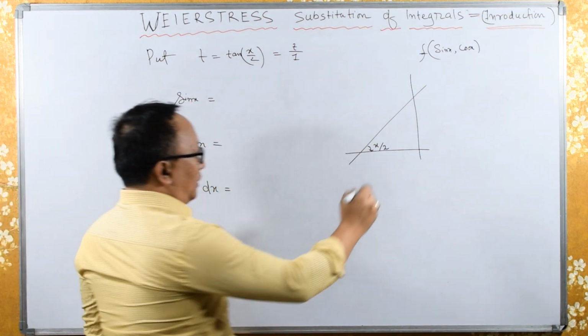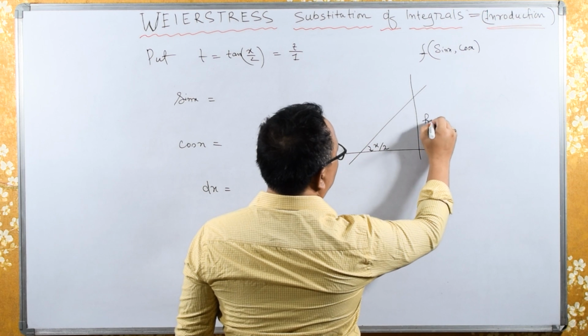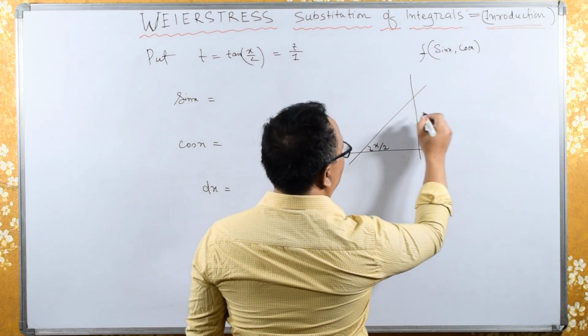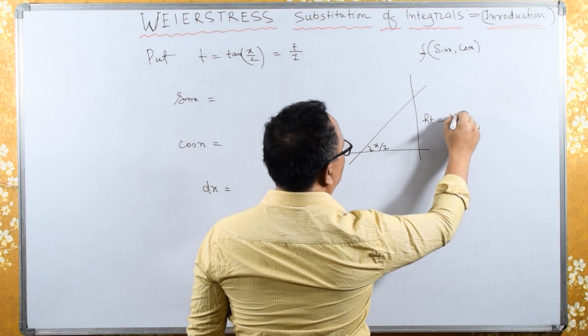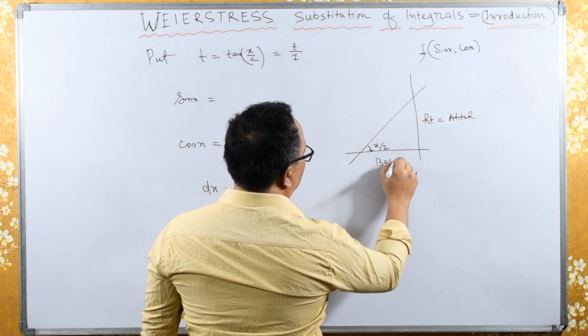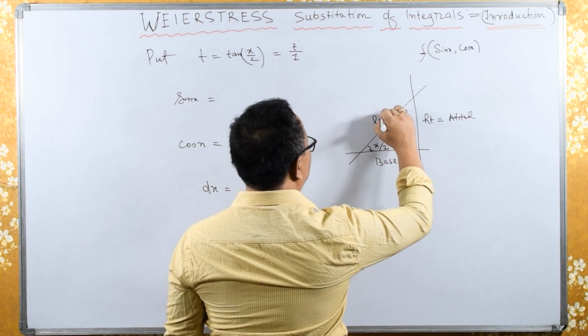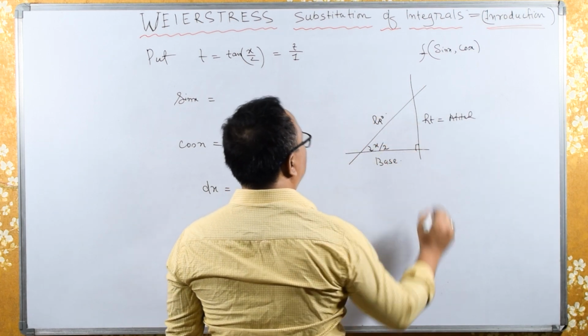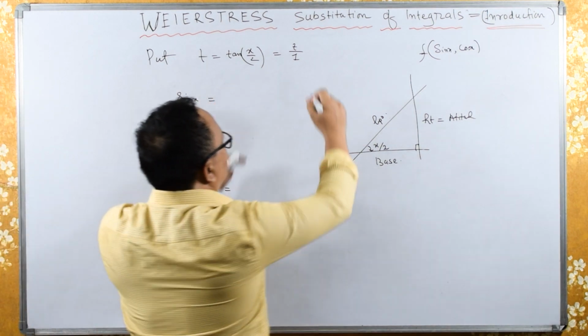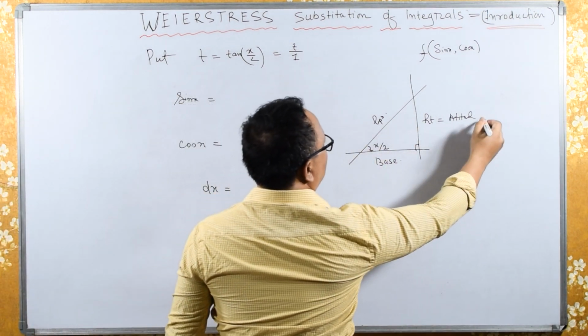Now this is the height, or sometimes it is called the altitude. This is called the base. This is the hypotenuse. It is a right angle triangle. Now tan of x by 2 means this upon this.